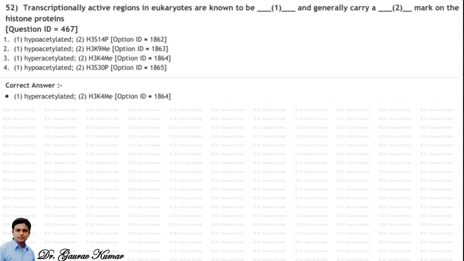Okay, next question. Transcriptionally active regions in eukaryotes are known to be dash and generally carry a dash mark on the histone protein. We know that there are two types of region in the chromatin. The transcriptionally active regions are called euchromatin, while the transcriptionally silent regions are called heterochromatin. So let's read a little bit on them.